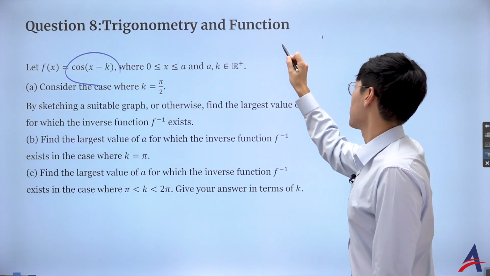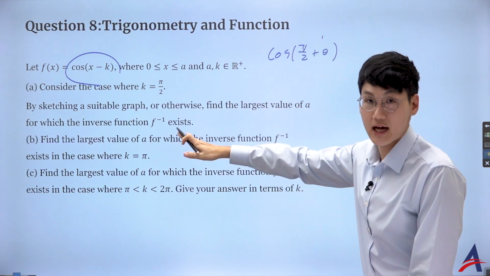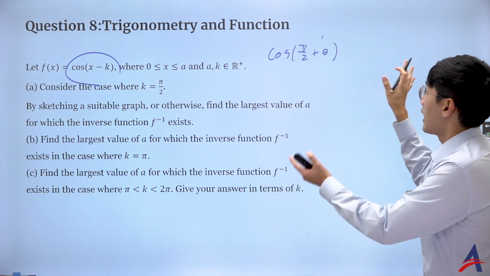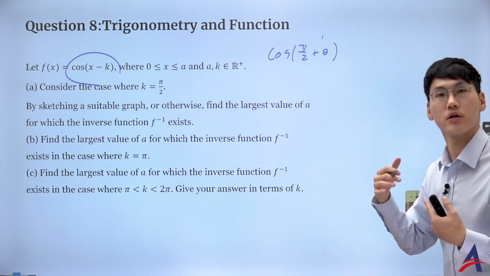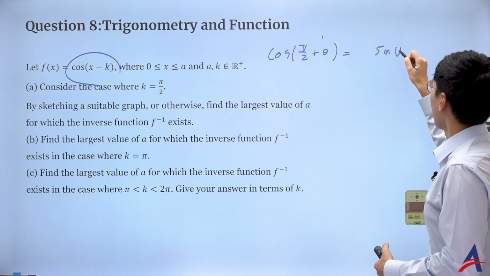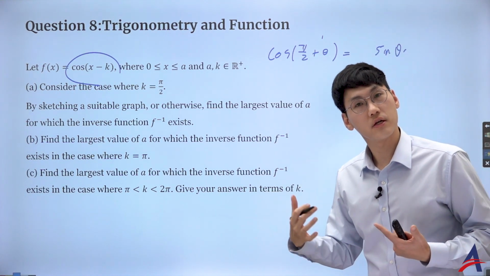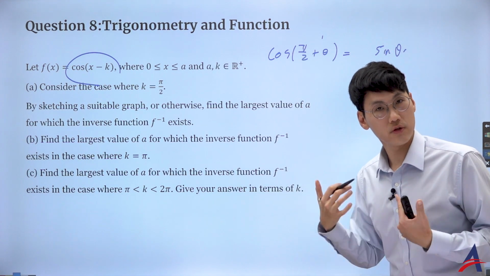Meaning, for example, if I have cosine of pi over 2 plus theta, it's not that, but I'm just giving you an example. I know if I see pi over 2, it's going to be a complementary angle, so the cosine must be in the form of sine theta. However, I have to be careful whether it's going to be positive or negative. It doesn't matter if theta is obtuse or acute, it applies the same.